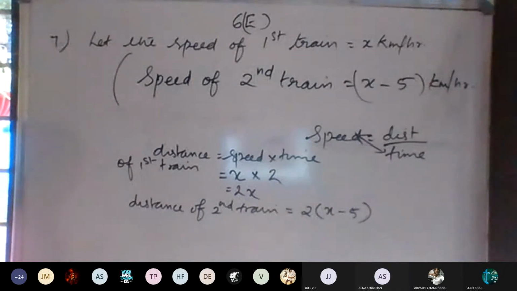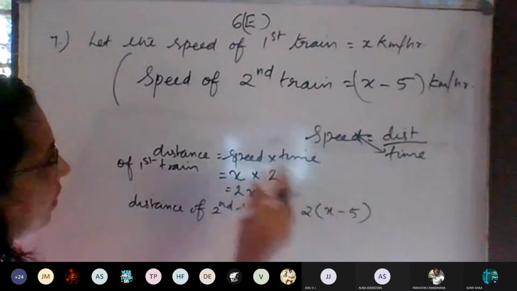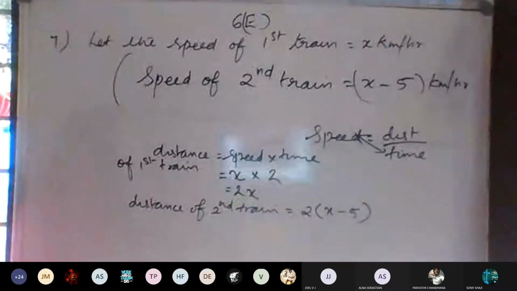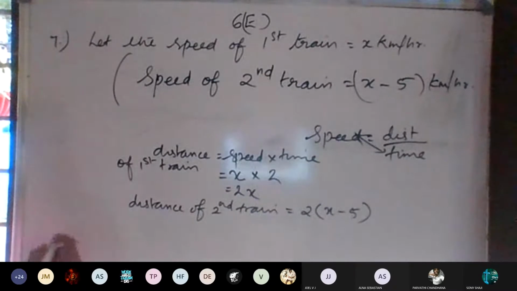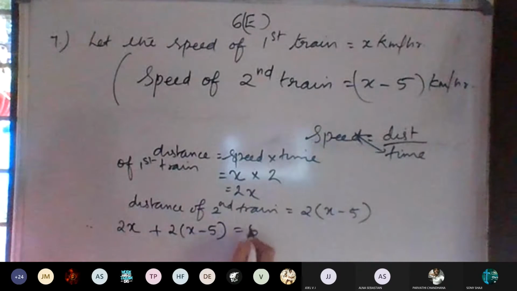Therefore, according to our sentence, we can write 2x, the distance, plus this distance 2 into x minus 5, is given as 50. Then it becomes an equation, and we solve it.